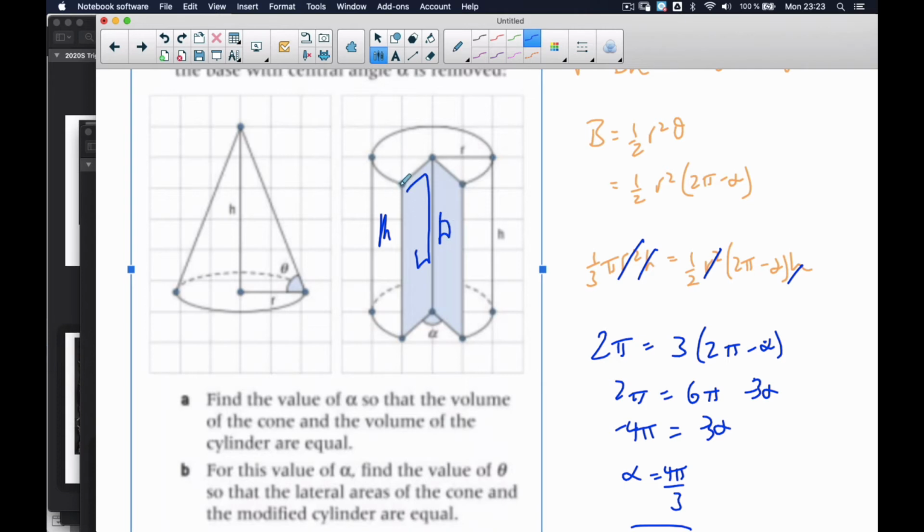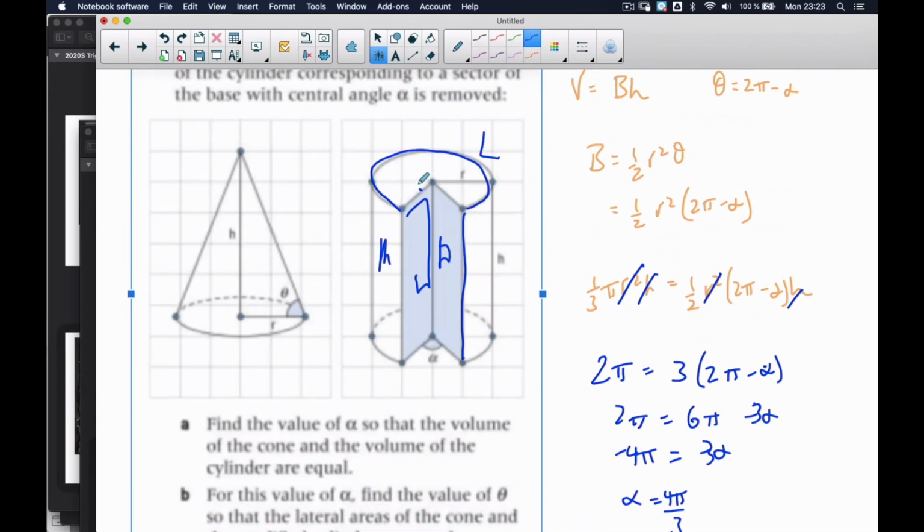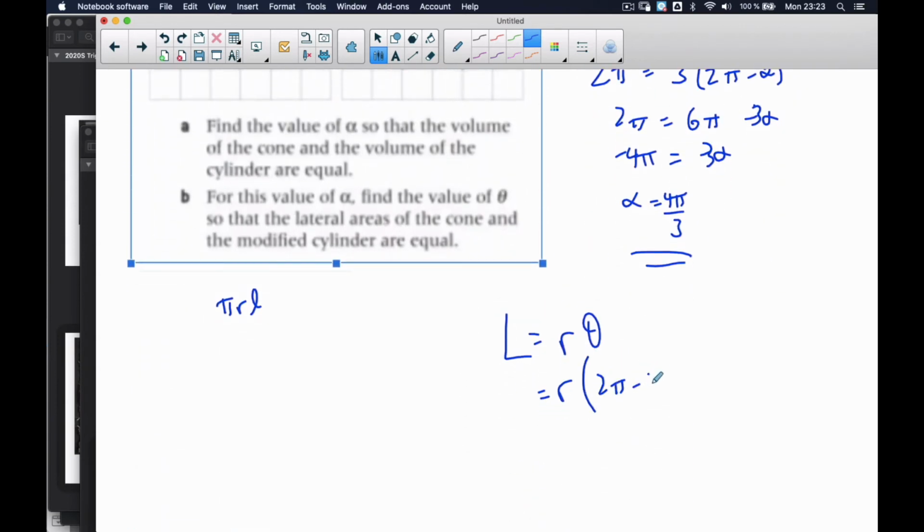So in order to find this curved part, when I open this whole piece up, that arc length, I'll call capital L, with this height makes a rectangle, and then I have to add these two pieces on. So that big L is equal to r theta is the formula, but theta, I know theta is 2 pi minus 4 pi by 3, which is 2 pi by 3 times r.